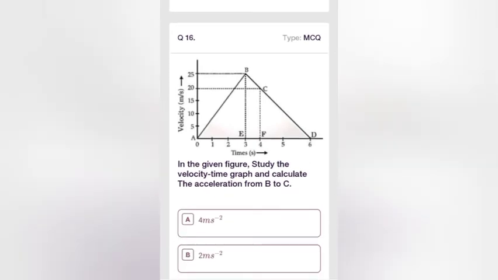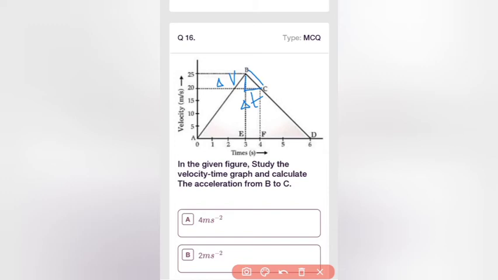In the given figure, study the velocity time graph and calculate the acceleration from B to C. See, from B to C, what will be the acceleration we need to find? This is change in the velocity. This is change in time. Clear?